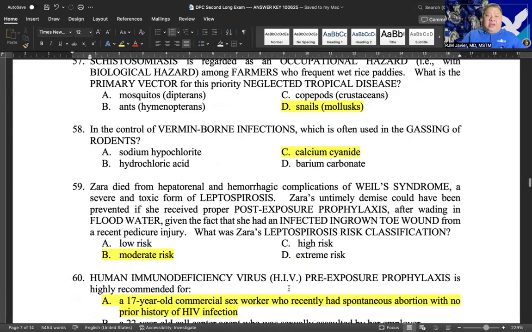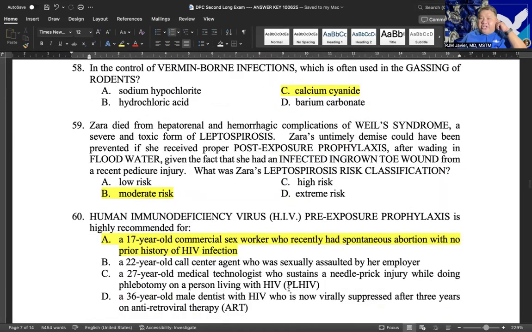Number 58, in the control of vermin-borne infections, which is often used in gassing of rodents. So sodium hypochlorite is your bleach. Hydrochloric acid is basically vinegar. Barium carbonate is usually a rodenticide that we give as food if you want to kill rodents, such as your sewer rats or your mice.